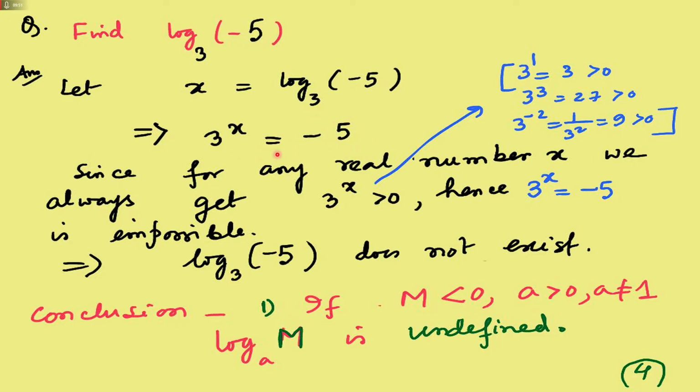So this is absurd, this cannot happen for any real x. So I am writing here, since for any real number x, we always get 3 to the power x as a positive number. Hence 3 to the power x equal to minus 5 is impossible. So log minus 5 base 3 does not exist.